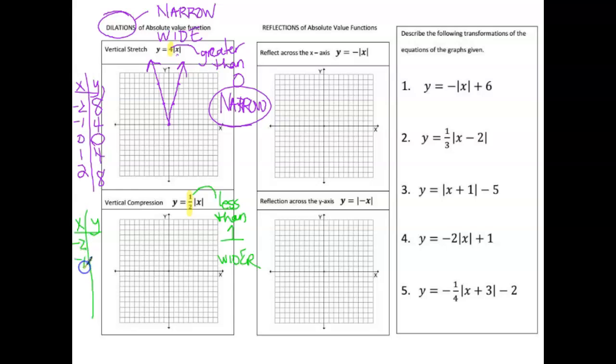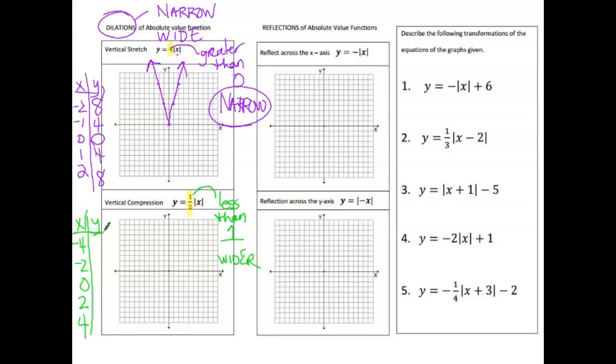Negative 2, I'm sorry. Let's change these values. Instead of negative 2, negative 1, 0, let's go by 2's. So make it negative 4, negative 2, 0, 2, 4.